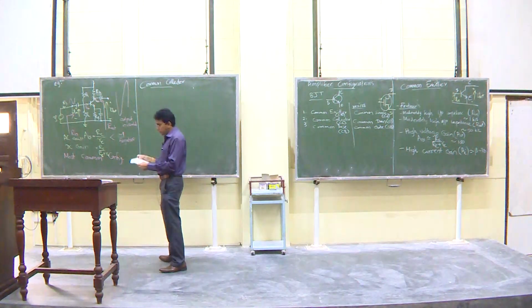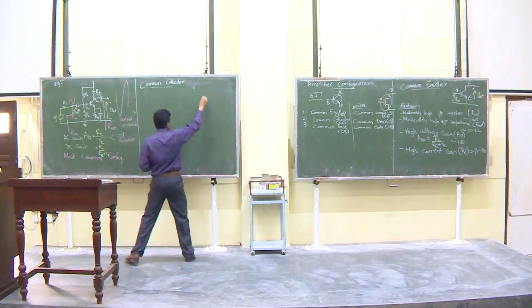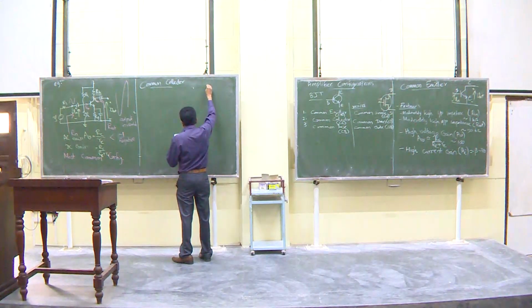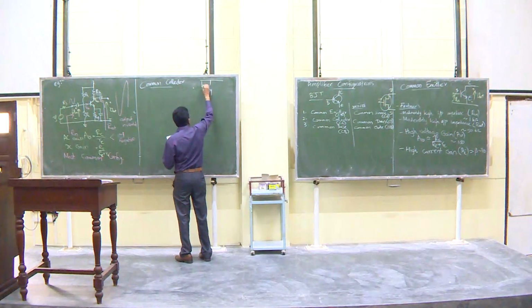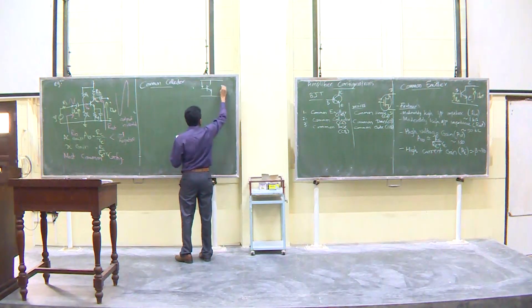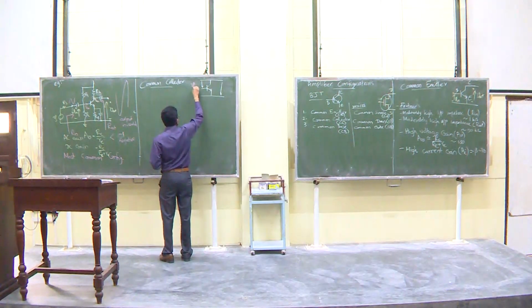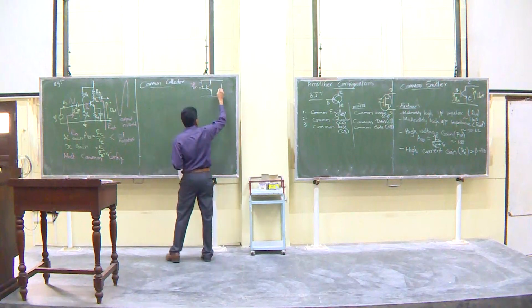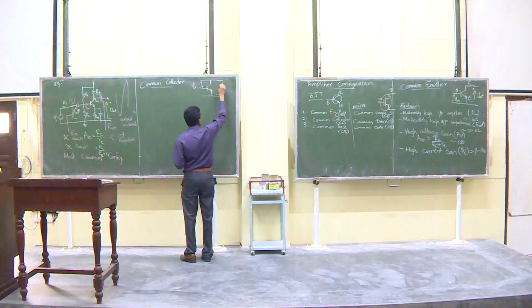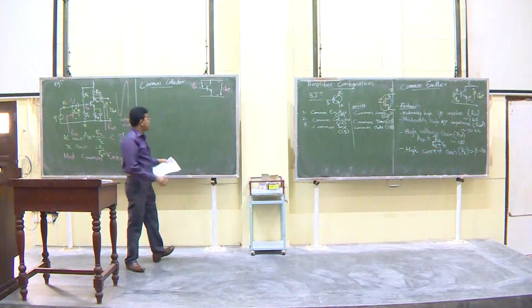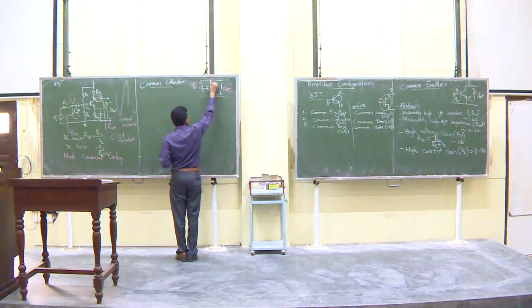Common collector configuration. Obviously, in this case, that's my input. That's my V out, right? So, base collector.